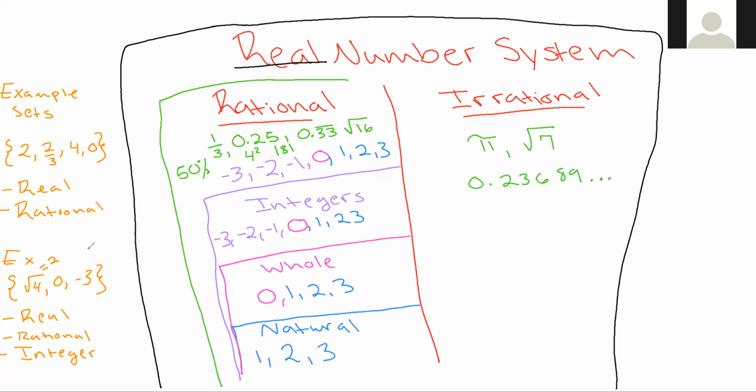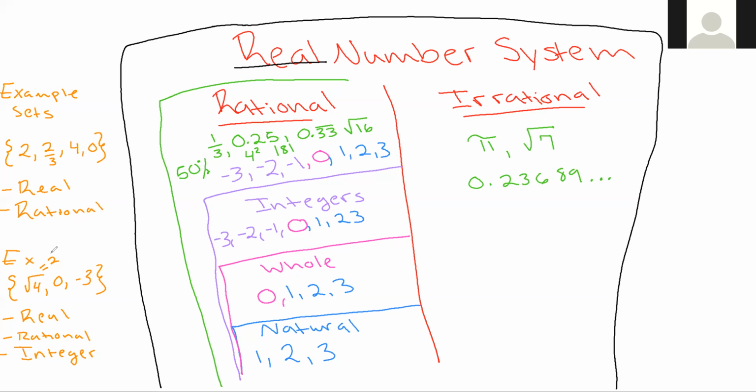If it helps, you can write the subsets next to each number and then see which ones they all match. So let me do that in green. So we said 4, so this is rational.